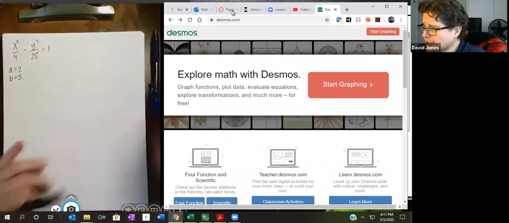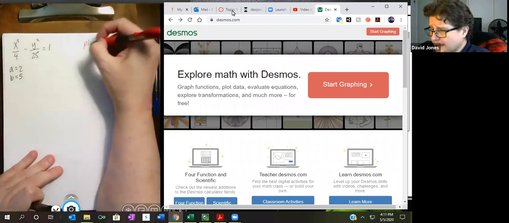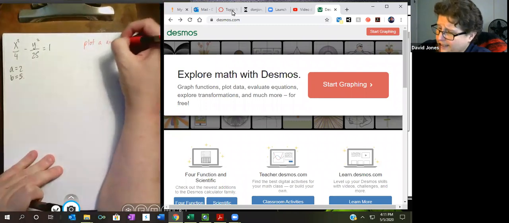The first part is plot A and B distances from the center.